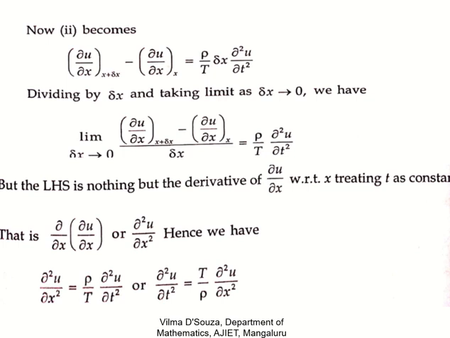So now what you do is divide throughout this equation by delta x, and take the limit as delta x tends to 0.